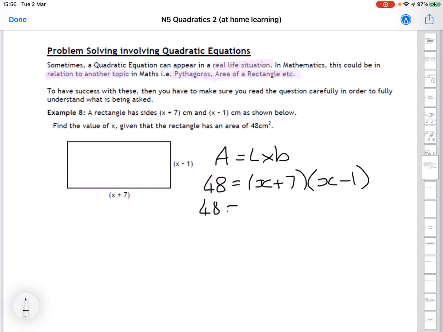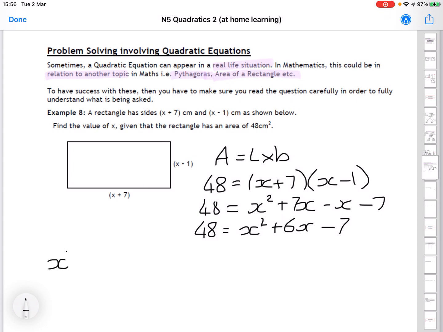So let's go ahead and do the rearranging first. So we've got 48 equals. If we break these brackets out with FOIL, we've got x squared plus 7x minus x minus 7. And then if we tidy that up, we've got x squared, 7 minus the 1 leaves you with 6x, minus 7. At this point, I'm going to swap the sides around so that my letters are all on the left.